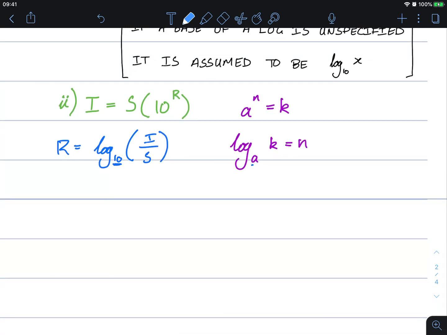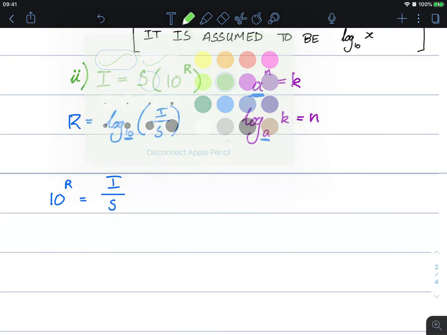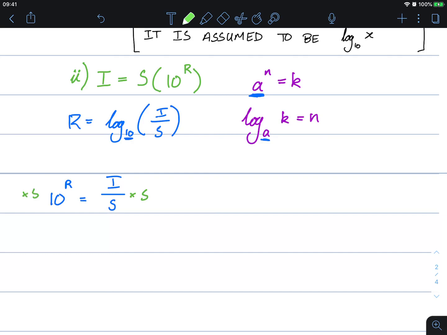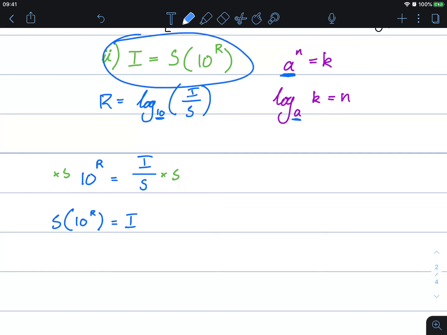So the base becomes that one there, so 10, equals n, so in this case equals R, becomes the power, so it's going to be 10 to the power of R equals I over S. Multiplying both sides by S gives us S times 10 to the power of R equals I, which is just a rearranged version of what we wanted.